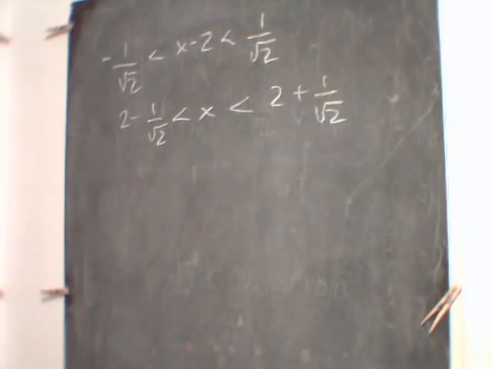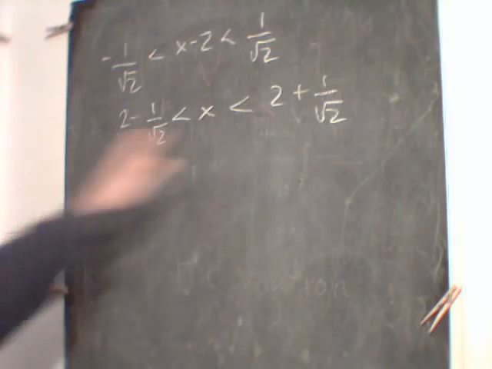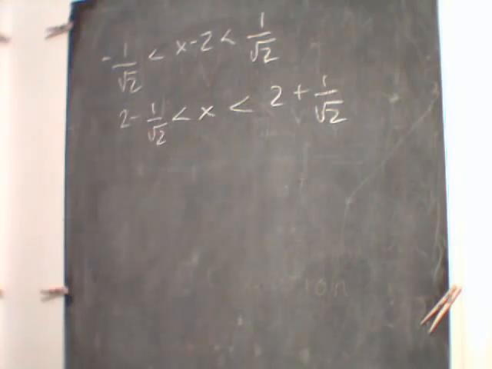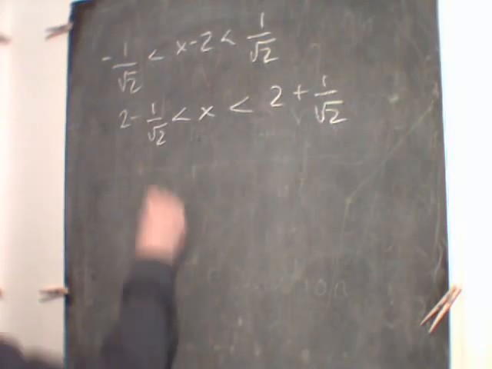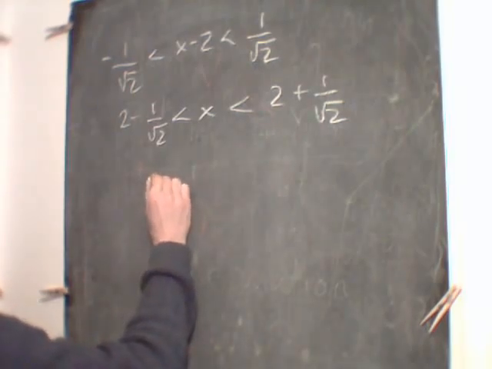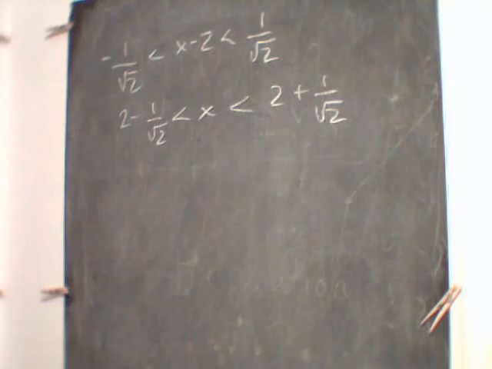That is part of the interval of convergence. But here's the question: we have to test the endpoints.